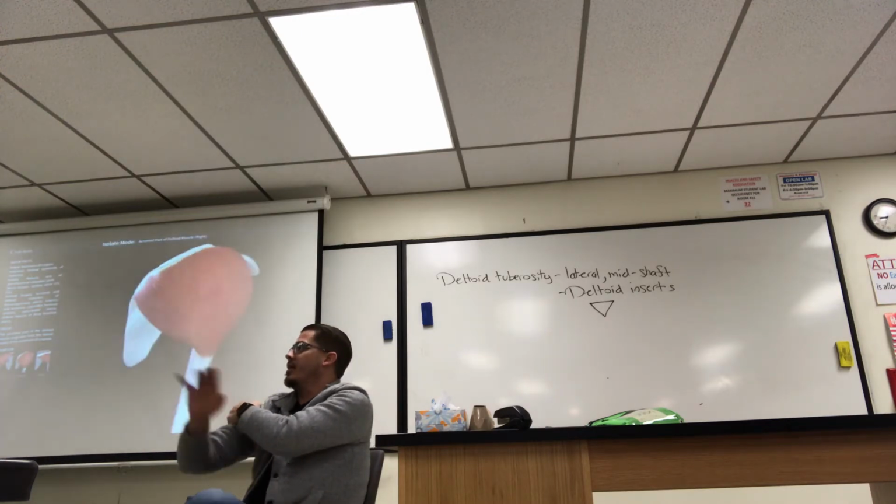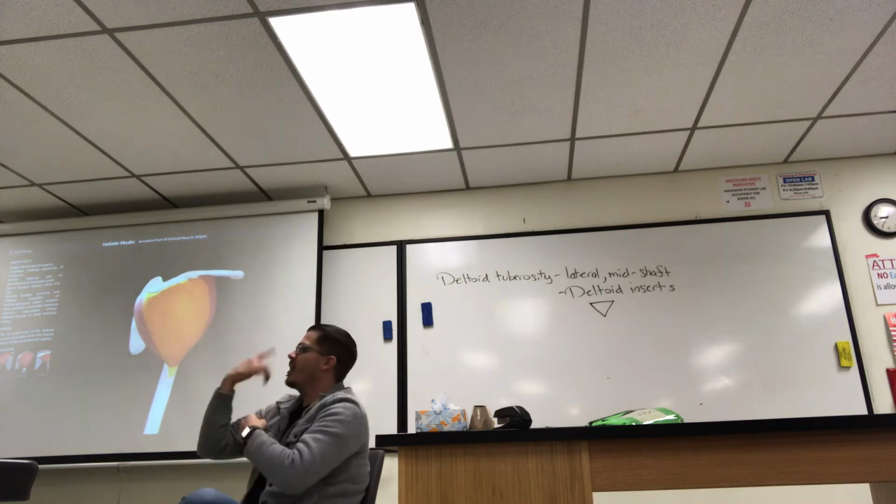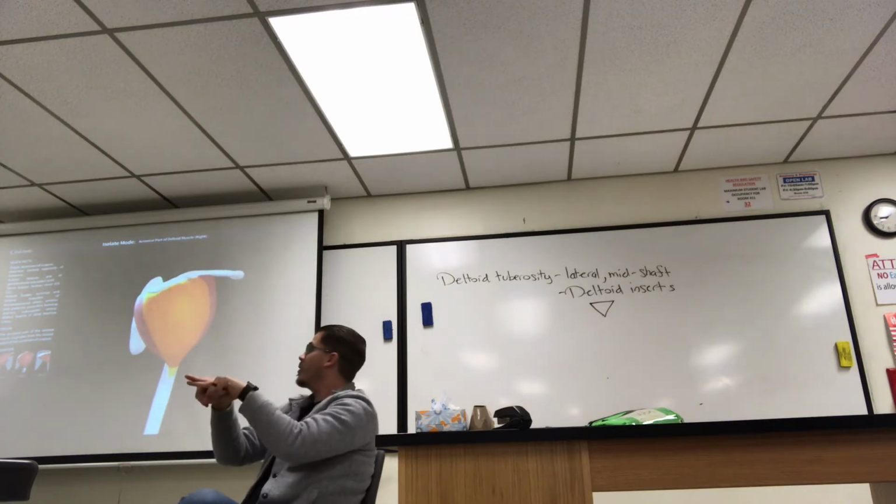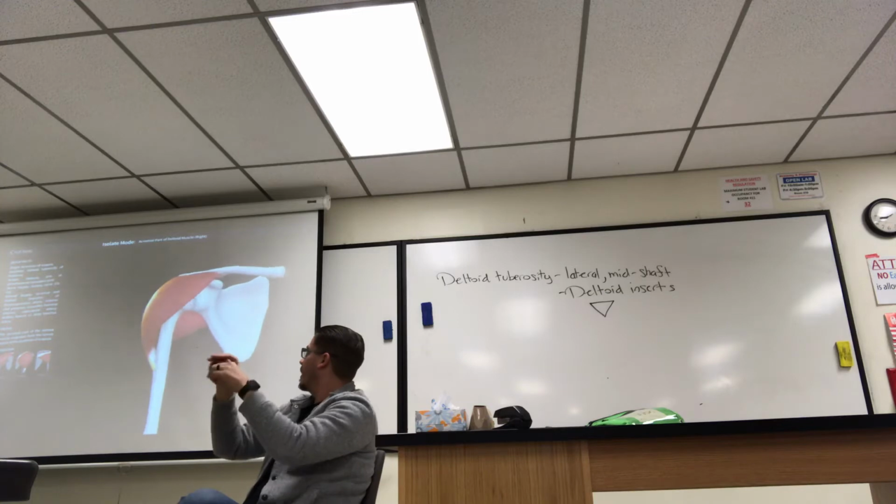When you look at the muscle as a whole from the side, it looks like an upside down triangle. And it goes all the way down and attaches laterally.